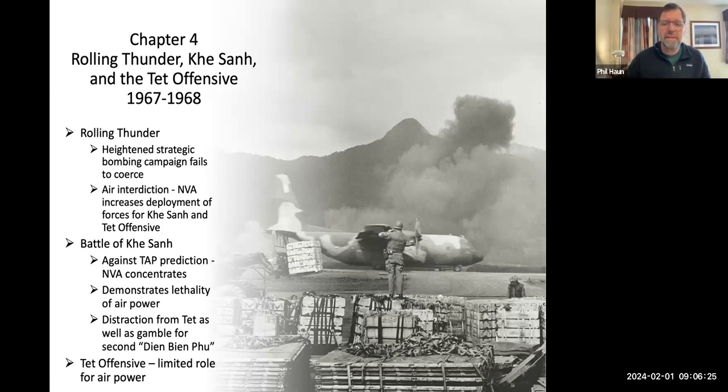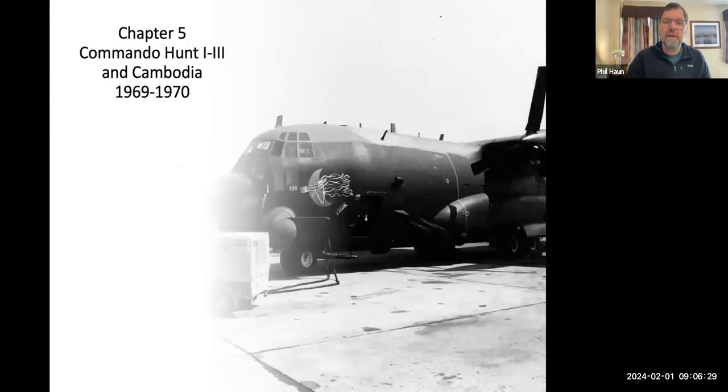Many accounts tend to stop here and jump forward to the Easter Offensive. But there's a lot going on in terms of air power between the Tet Offensive and the Easter Offensive. What becomes the longest air interdiction campaign in history, the Commando Hunt campaign, is the interdiction of the Ho Chi Minh Trail in Laos, with supplies leading down to South Vietnam.